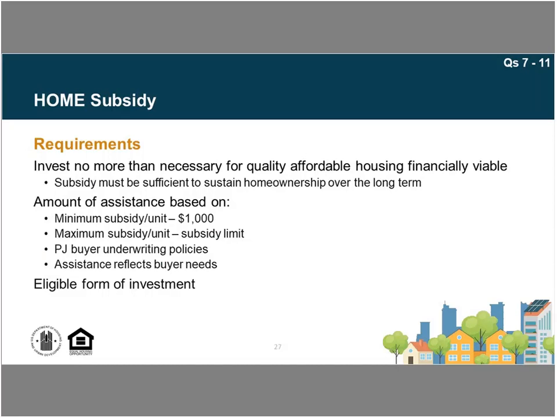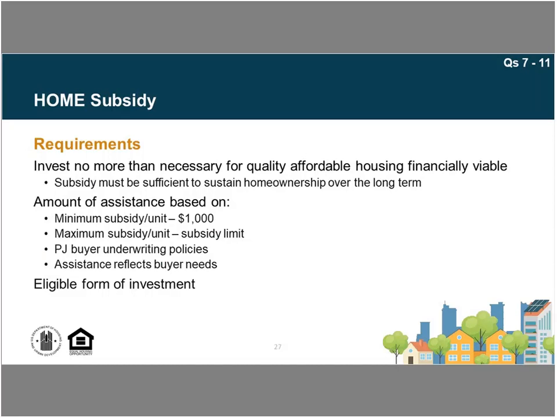I characterized that as the viability notion a few moments ago; I also used the term sustainability. We want to make sure that we're giving homebuyers a subsidy that's sufficient to sustain homeownership over the long term, at least the period of affordability.